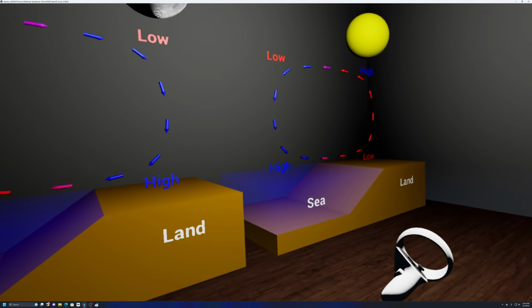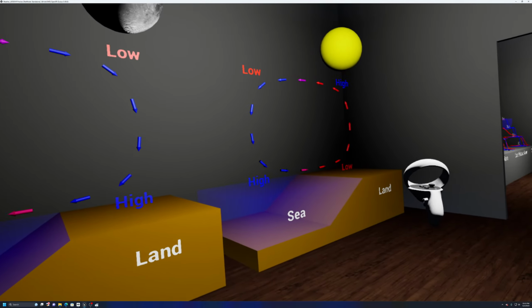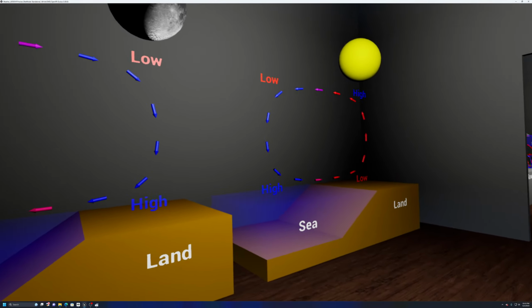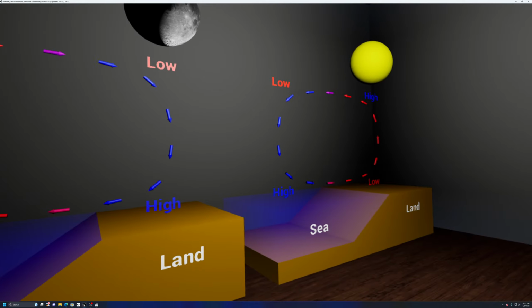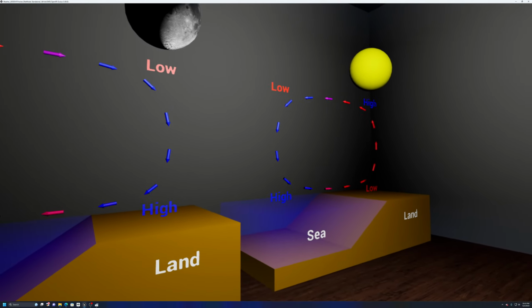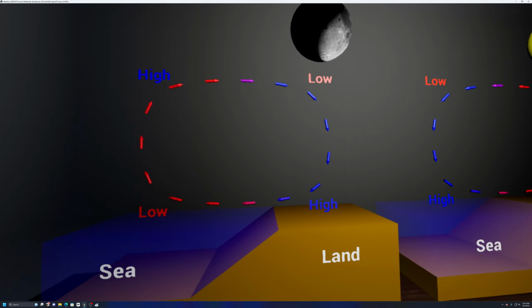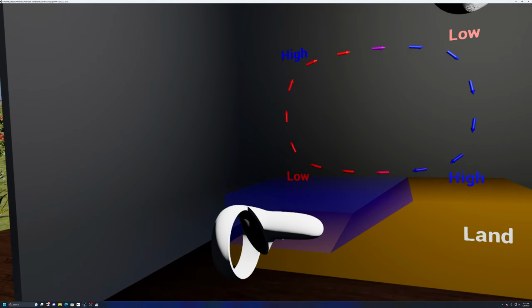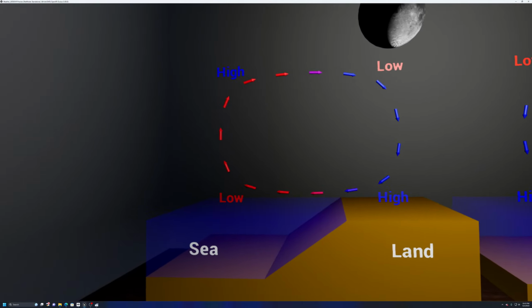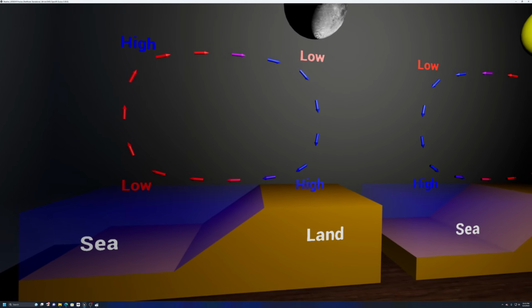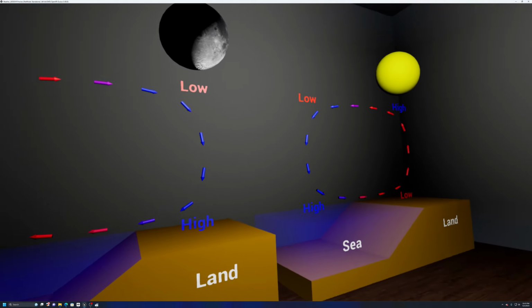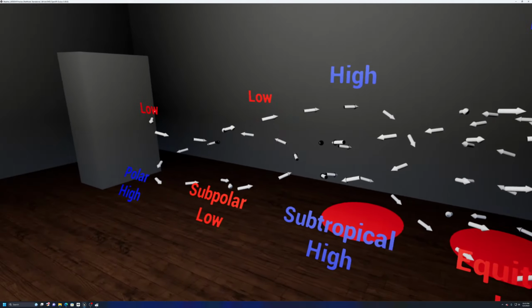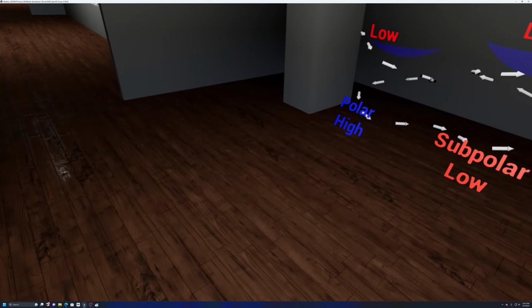And over to the right, we end up getting a sea breeze, because during the day, the land is warmer, so it has air that rises. I could possibly add some clouds in there, so clouds form over the land versus over the sea in this situation. I could add a little bit more now that I'm thinking about it, but always adding, right?